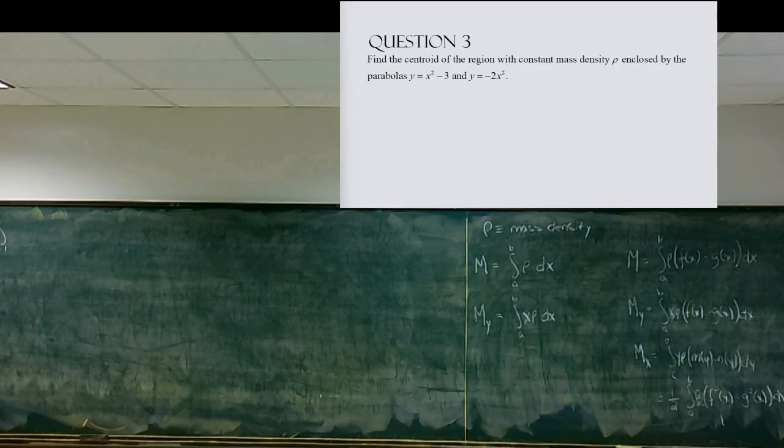So that means x goes from minus 1 to 1. Points of intersection will be negative 1 and positive 1. Which function is larger? I'll plug in 0. It's the easiest one. You get negative 3 versus 0. What's larger? 0. Negative 2x squared is the larger function.